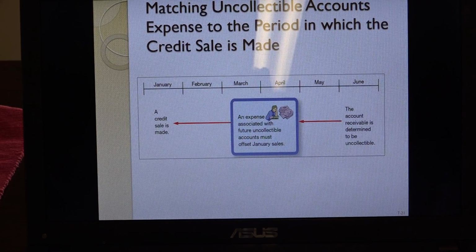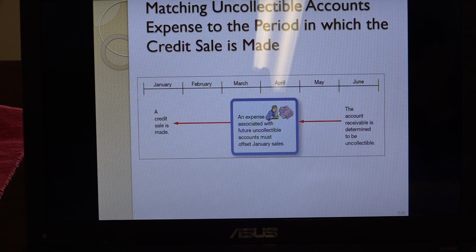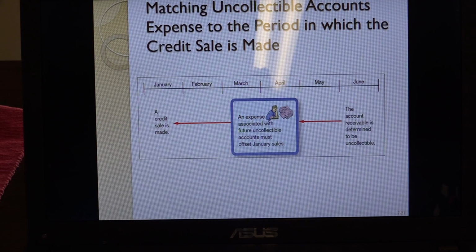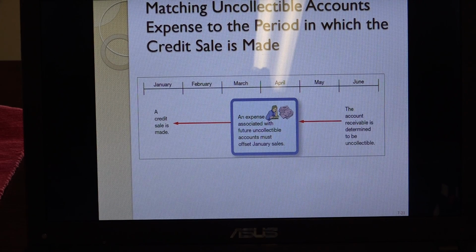All right, accounts receivable. One of the great challenges of dealing with accounts receivable is trying to match up the expense of the uncollectible accounts with the period in which credit sales are made. But somehow we have to try to do it each and every year.